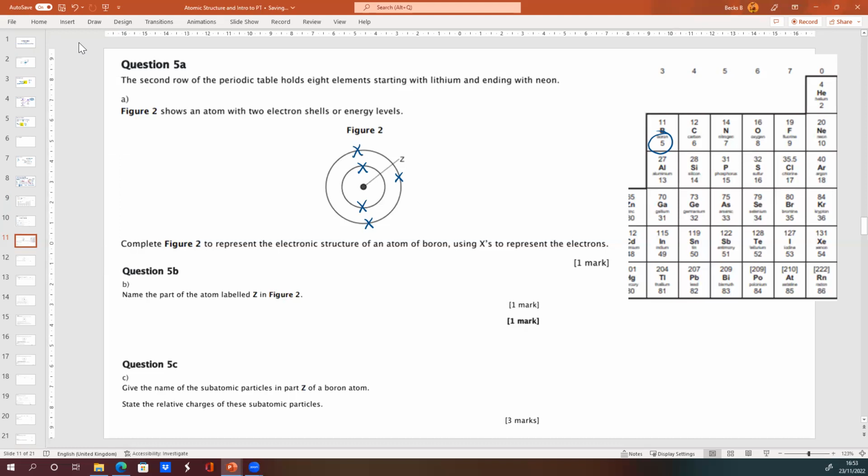Name the part labelled Z, so we just literally need to write the word, nothing else. It is the nucleus. And then give the name and state the charge. So in part Z, we have the protons and the neutrons.